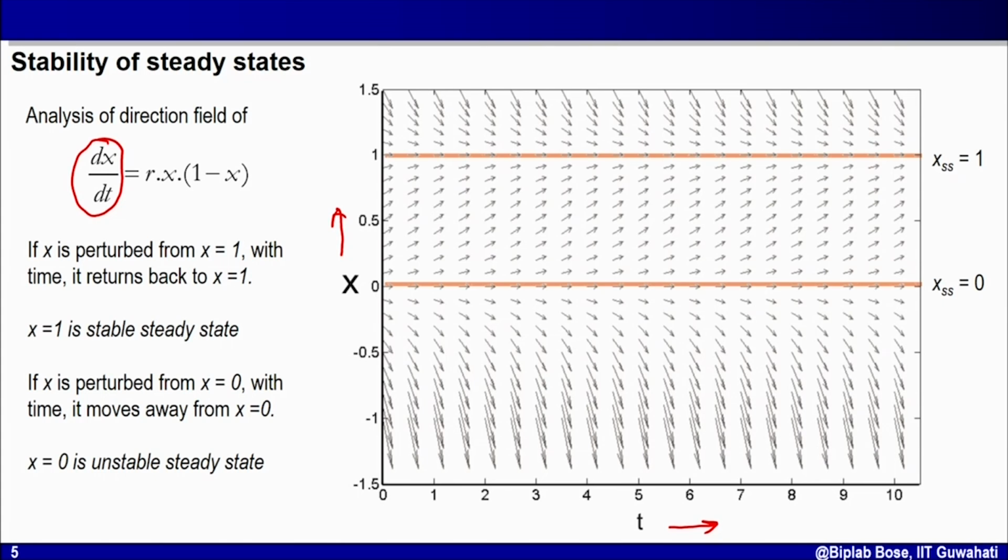Now we have just calculated that at x equal to 1 and at x equal to 0 we will have steady state. So let us look into the direction field.